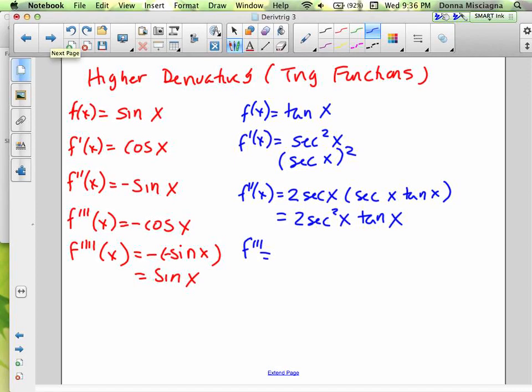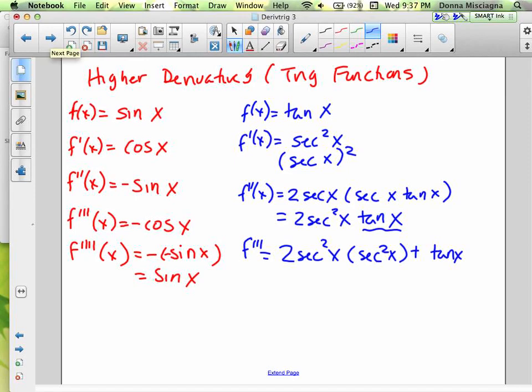And now I would have the first, 2 secant x, times the derivative of tangent x. And the derivative of tangent x here is secant squared x, plus the second, which is tangent x, times the derivative of the first one.